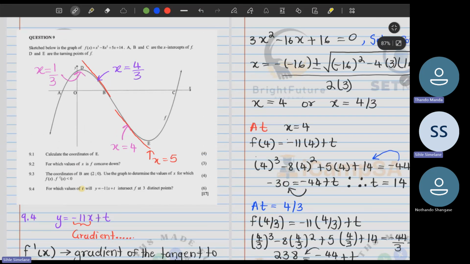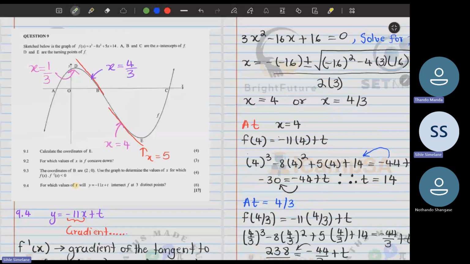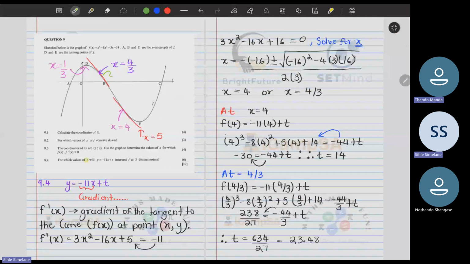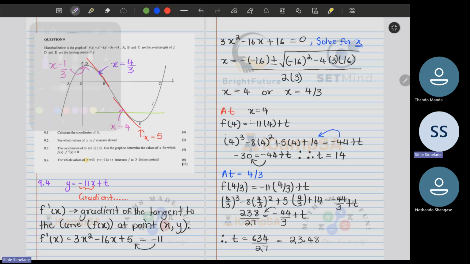So now, if you observe carefully, all this means, guys, is the following. If we can get our y value, we can choose t to be somewhere between these two values. Remember, what we just found is a y value there.